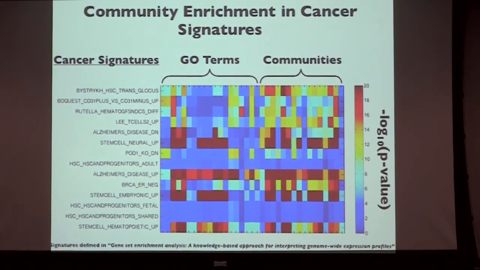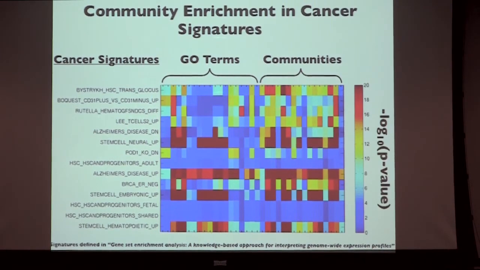Because our communities don't really overlap very well with these term branches, you can get, for instance, a gene signature here that is associated with this function and this branch over here, but it's also very strongly associated with a different grouping of functions. So it's a new way to get different information for how to group these functions and interpret a set of genes.